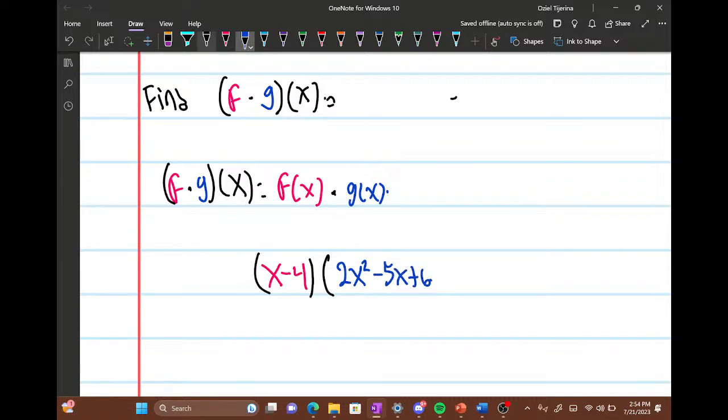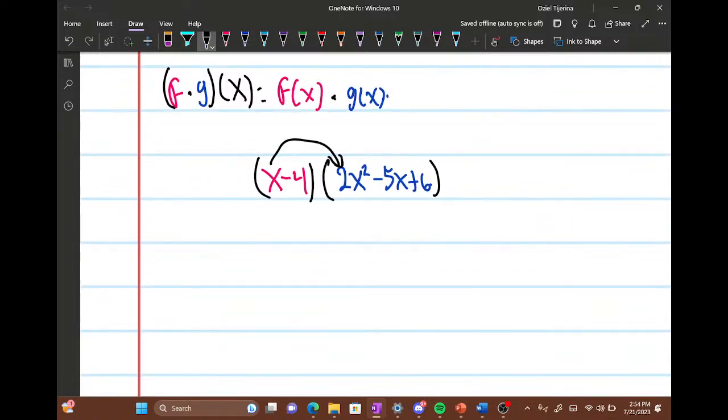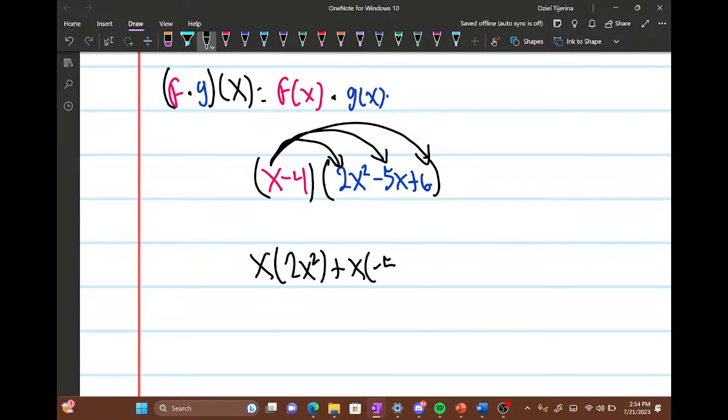Okay, and so here we would basically do the FOIL method with this. So we have x times 2x squared plus x times negative 5x, basically. So let's do it this way, actually, guys. Hold on.